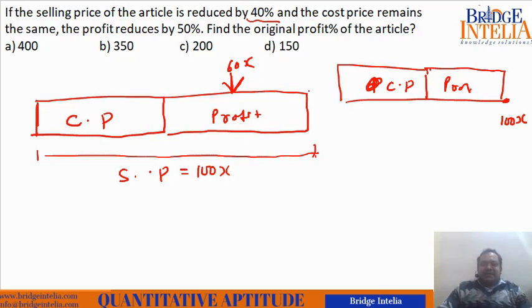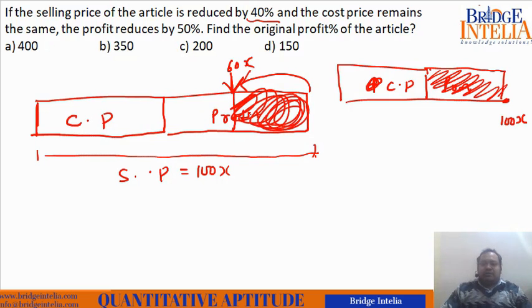Selling price reduced by 40%, so profit was reduced by 50%. This portion is profit, and the profit was reduced by half. So this much profit was gone, because the selling price was brought down from 100x to 60x only.